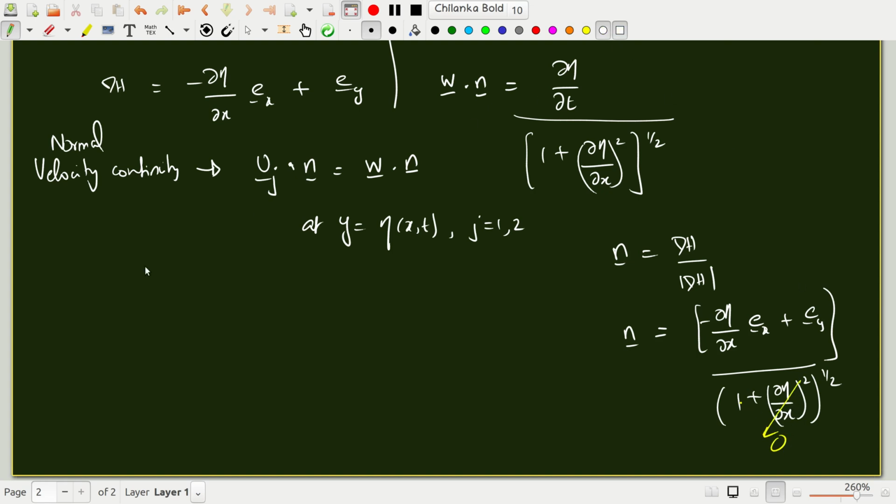So n can be approximated in linear stability as minus partial eta by partial x ex plus ey, because the denominator is just 1 within the linear approximation, and therefore you will say that uj is partial phi j by partial x ex.